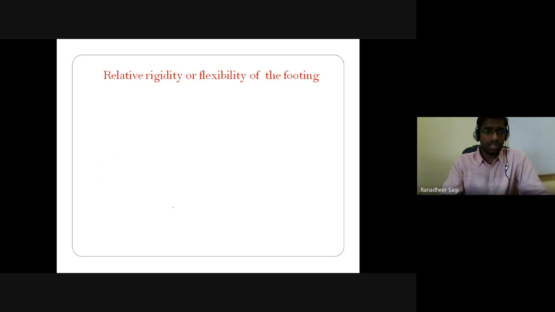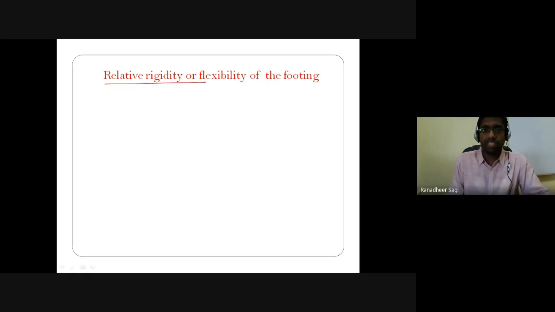This is a common topic where you would be given some set of contact pressure distributions and asked to pick out for which case this is the contact pressure distribution diagram. So likewise, you might see different cases of questions from this particular concept.